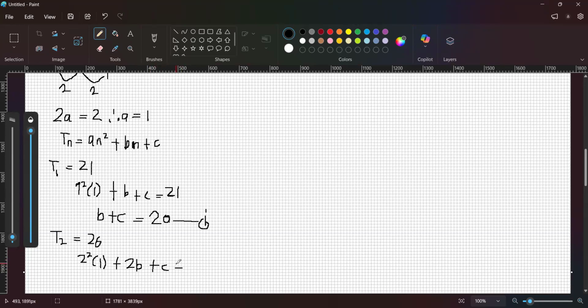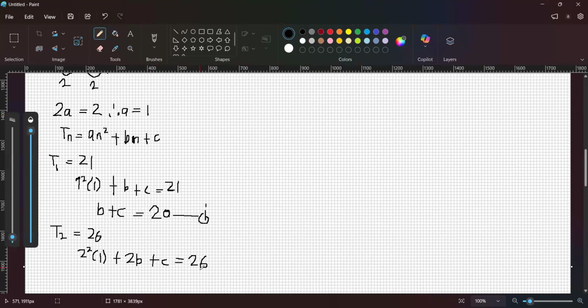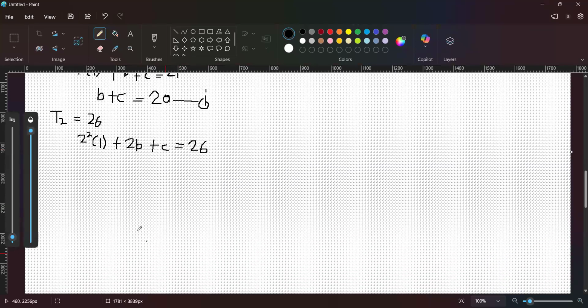And all this is equal to 26. The next thing we'll do: we know that 2 squared is 4, 4 times 1 is 4. We'll move that 4 to where 26 is to give us 26 minus 4, which is 22. So this is our equation 2.